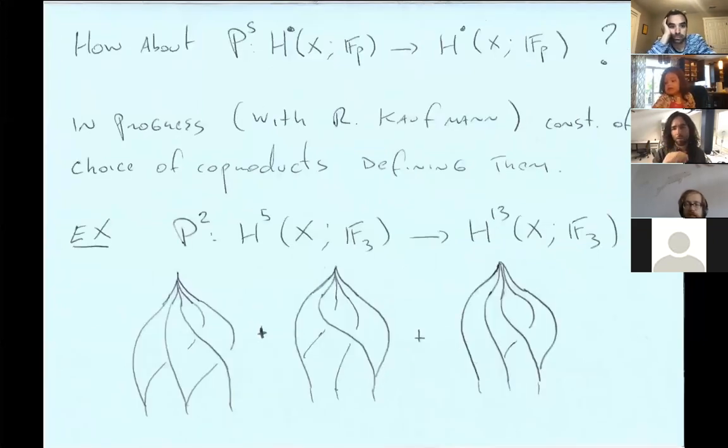So just again, in passing, before we go back to the main focus, I would like to say that we already solved that question. This is joint work with Ralph Kaufmann. We fill in this gap in the literature of what is the analog of the Kappa products when we try to represent power p operations.